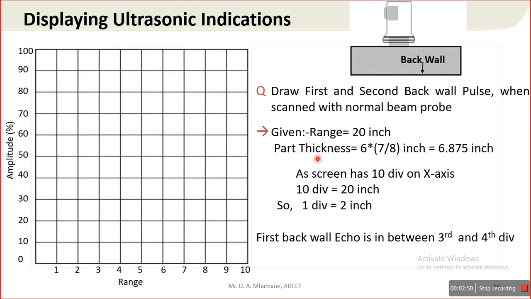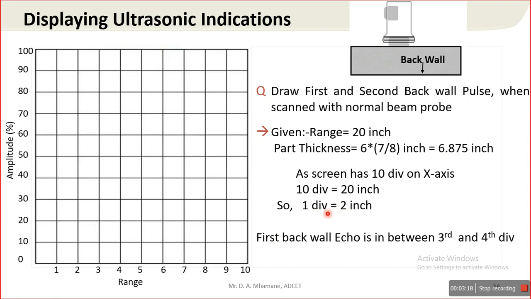So here part thickness is 6.875. Value of a single division is 2 inch, meaning a single division shows 2 inch dimension. We have part thickness 6.875, which means the first back wall echo is in between third and fourth division. Why?